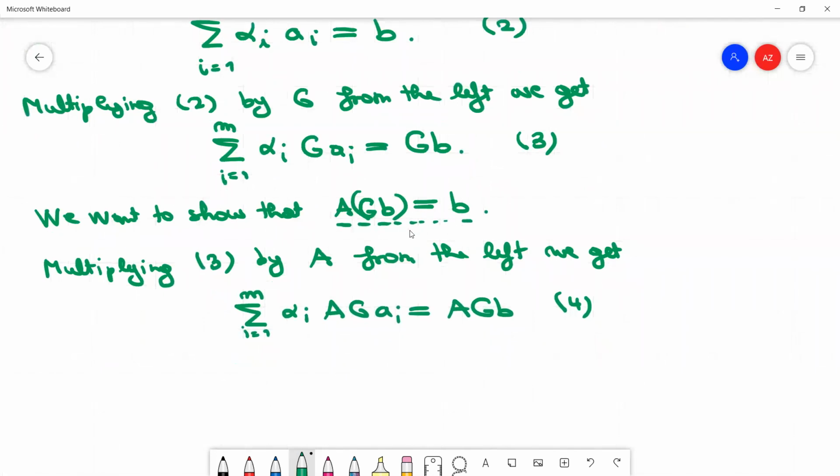But our goal is to prove that AGB is equal to B, and this AGB is the right side of 4.